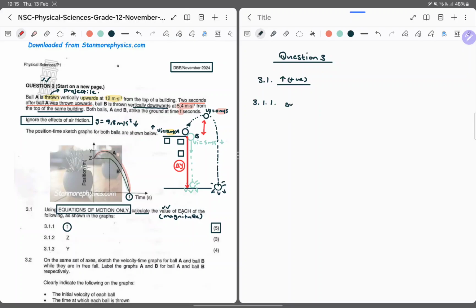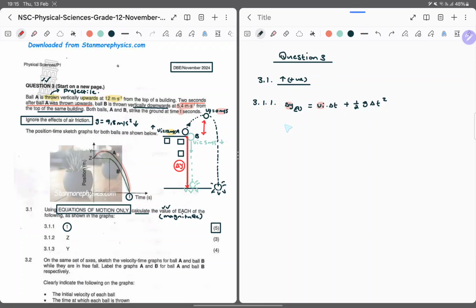We know that the delta y for ball A is going to be the initial velocity times delta t plus half g delta t squared, because we are covered when it comes to the initial velocity, and also this delta y is the same thing, and it leaves us just one unknown, time. See, this is why this is good.